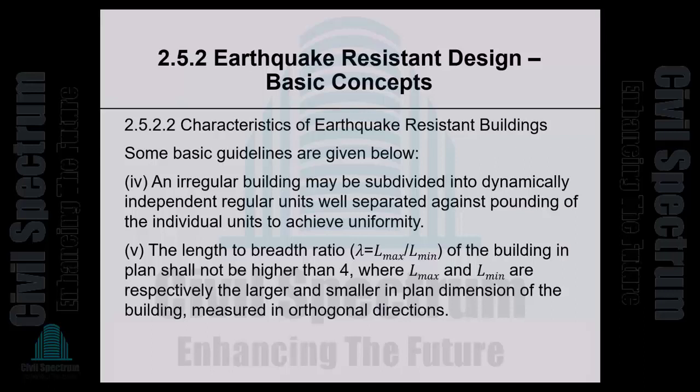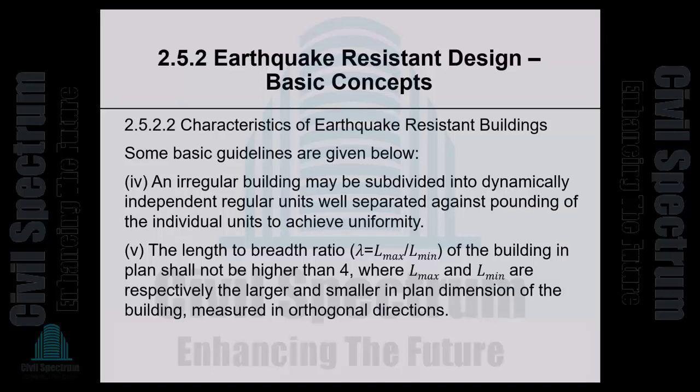The length to breadth ratio of the building in plan shall not be higher than 4. So the plan dimension ratio should be no higher than 4, because the more elongated the building, the more flexible one direction is. This again is nice to say, desirable to have, but more and more in big cities we have leftover lots, very little land.